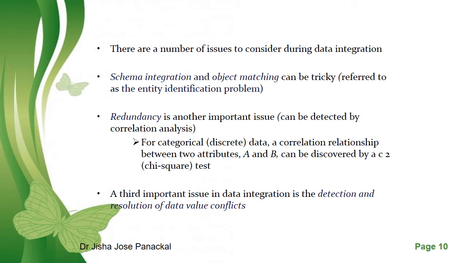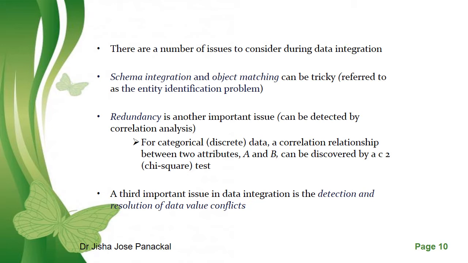So this is also known as the entity identification problem. Then the second issue is redundancy. Redundancy is another important issue. This can be detected by correlation analysis. We should not have much duplicate or redundant values in the stored data. So we can identify the redundancy by using correlation analysis.